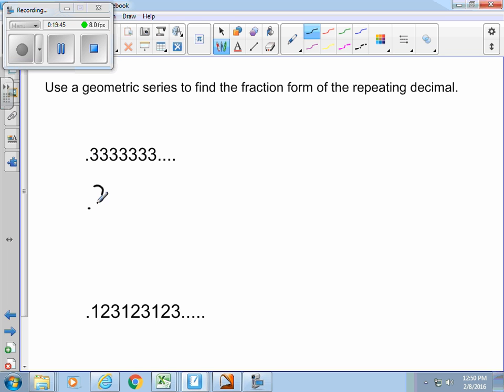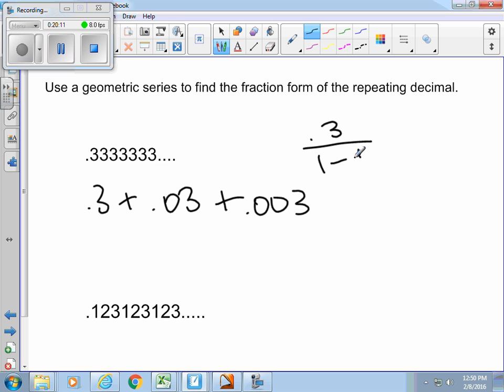Because this is 0.3 plus 0.03 plus 0.003. Does everyone agree with that? What's the common multiplier here? Everyone agree? I'm multiplying by 1/10. So what's my common ratio? 1/10. So my first term is 0.3 divided by 1 minus 1/10.